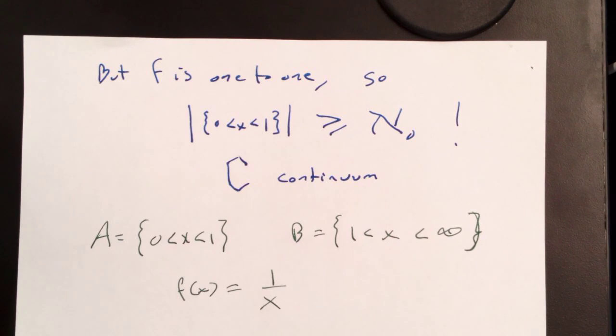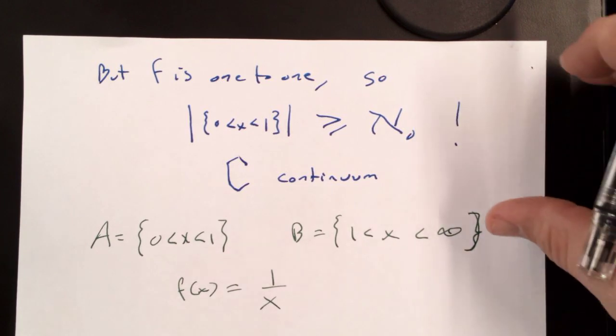That's 1 to 1 and onto. There are as many numbers between 0 and 1 as there are between 1 and infinity. Infinity is really weird, man.